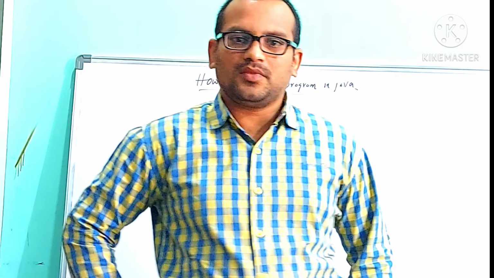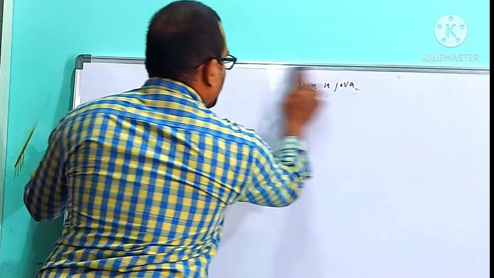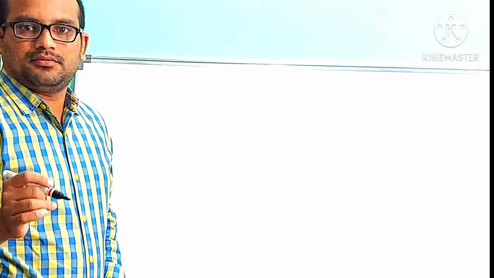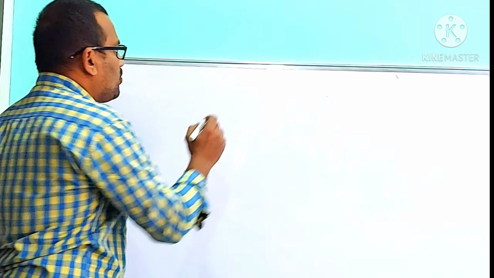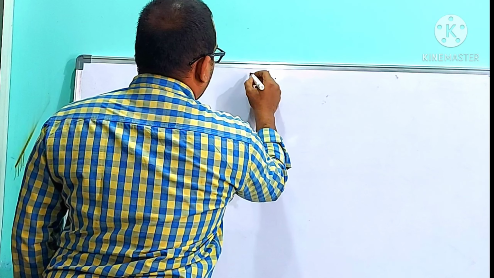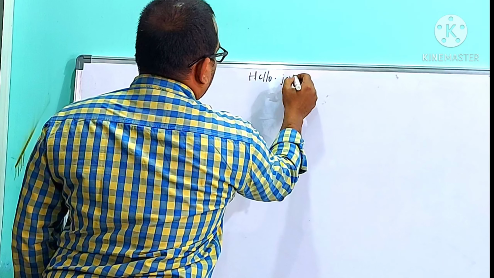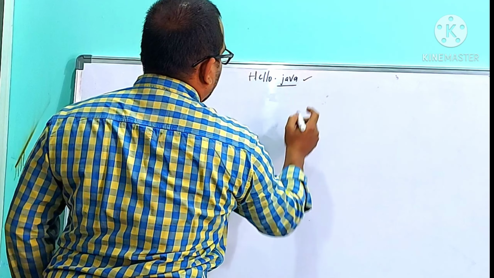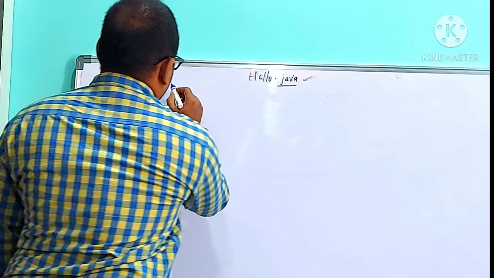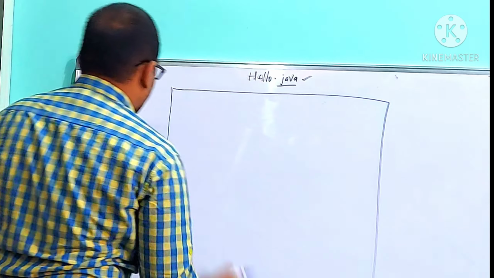I open Notepad on my laptop and save the program. First of all, I need to save the Notepad file with some name with the dot java extension. Assume I have saved this program with the name hello with the dot java extension. The dot java extension represents that it is a Java program. Assume this is my text editor area.